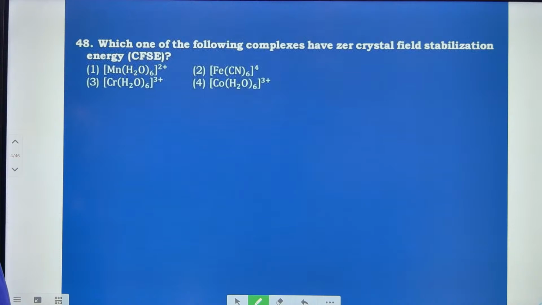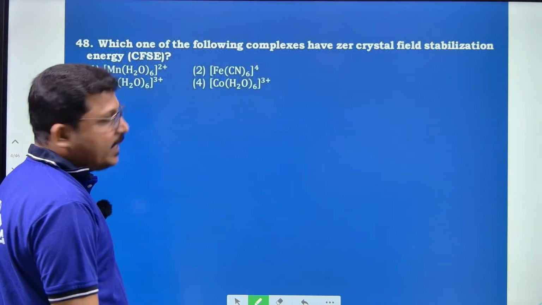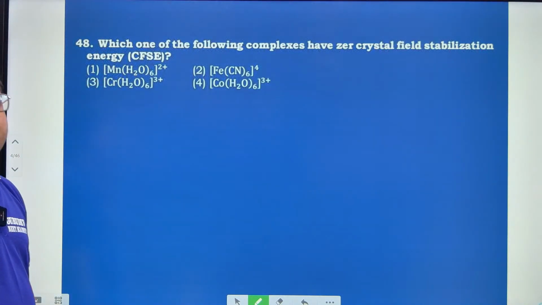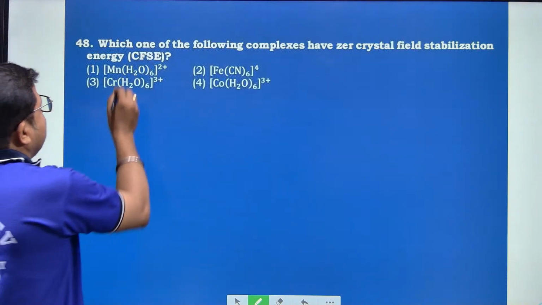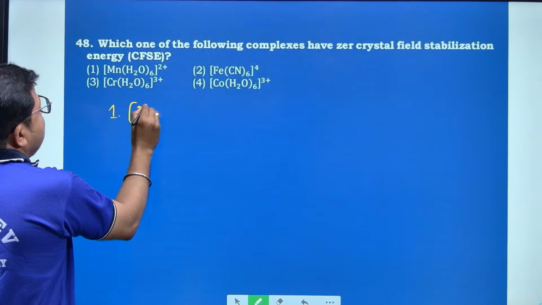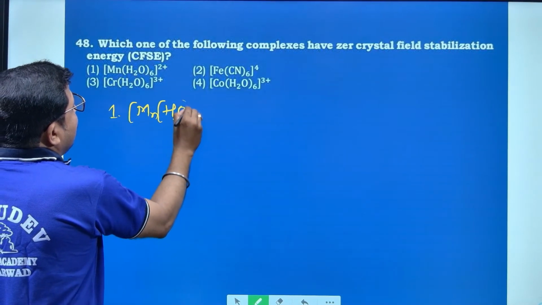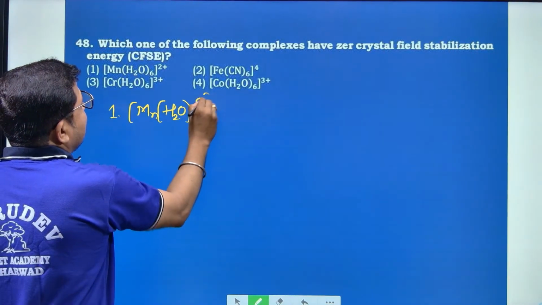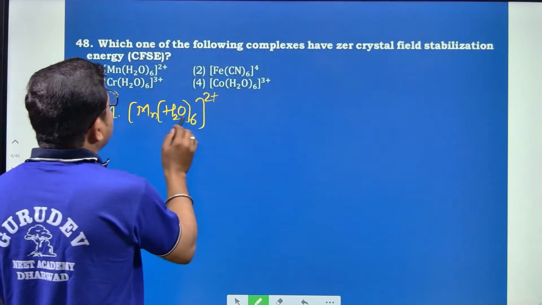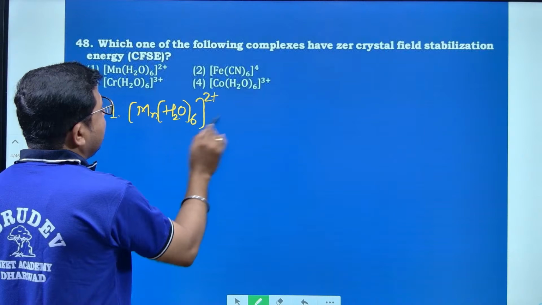Question number 48. Which one of the following complexes has zero crystal field stabilization energy? Look at this one. Here they have given option number 1, that is the complex Mn(H2O)6 2 plus. So Mn(H2O)6 means hexaaqua manganese 2 plus ion.